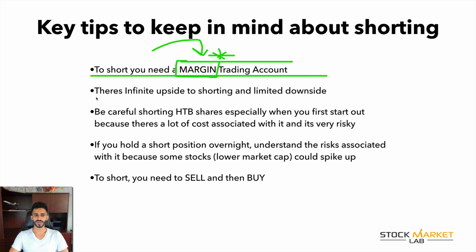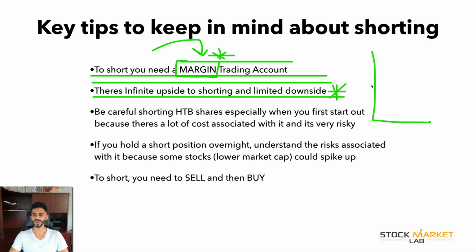Next, when you're shorting, you have to understand there's infinite downside to shorting and limited upside. Now, this is not something that I'm putting here to scare you or put you down, but you have to understand that if you short a stock at 10, you can lose more than 10. So you have to understand what stocks you're trading. If you start shorting penny stocks that move up 100 or 200% overnight, that's not a good idea, especially if you're starting out.